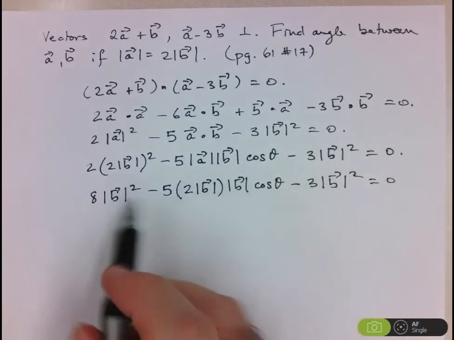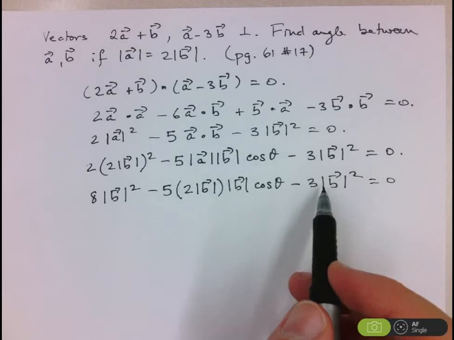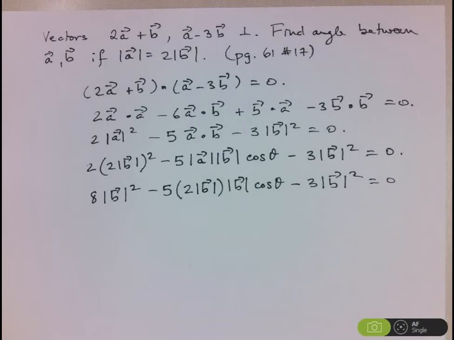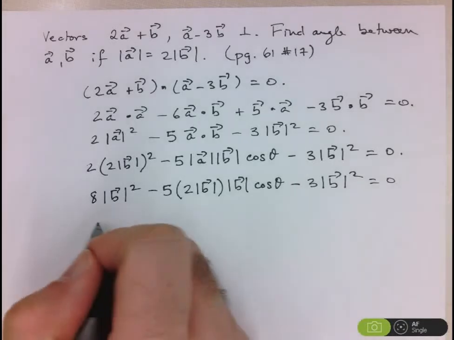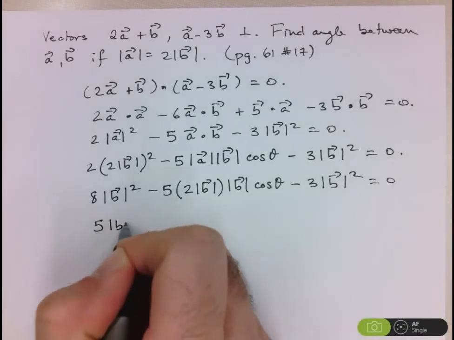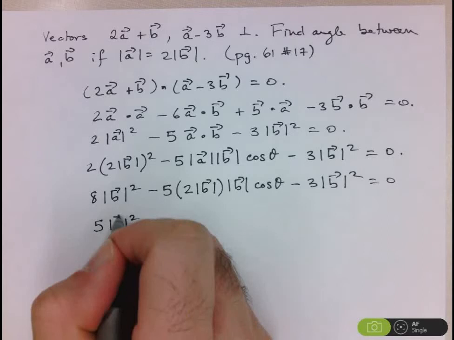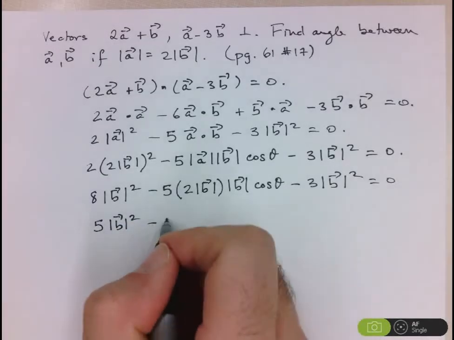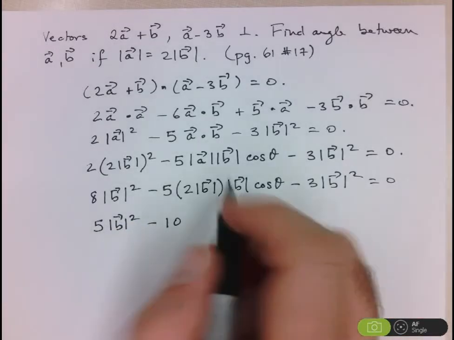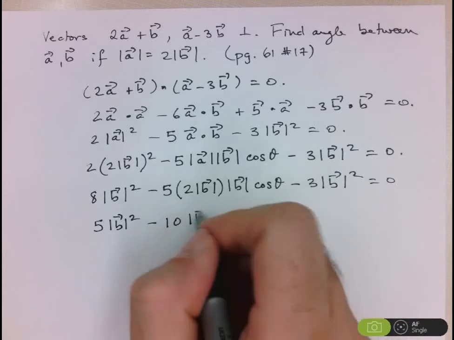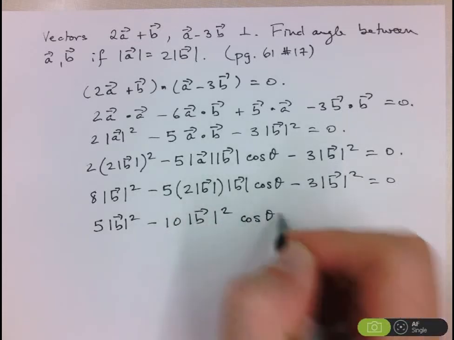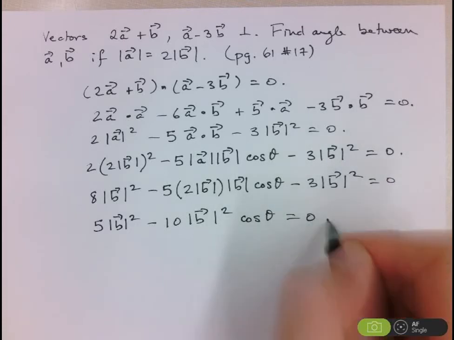I see I can combine the first and the last term. So I've got 8 minus 3, which is 5 times the magnitude of b squared. And here we can simplify this, so I've got minus 10, and here again, magnitude of b squared times cos theta, equals 0.